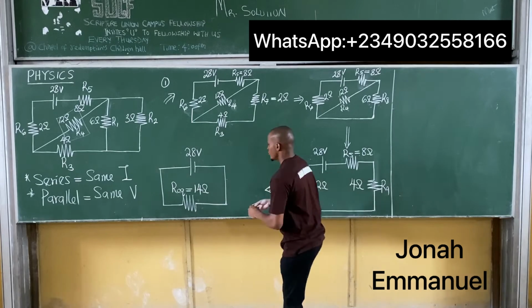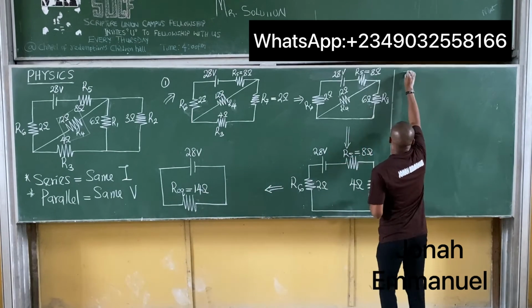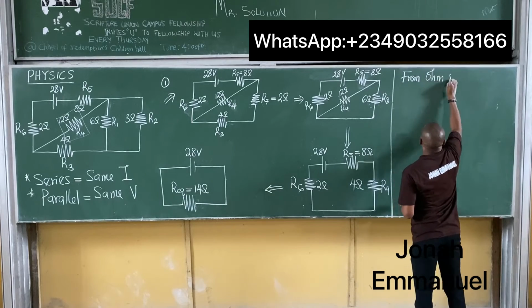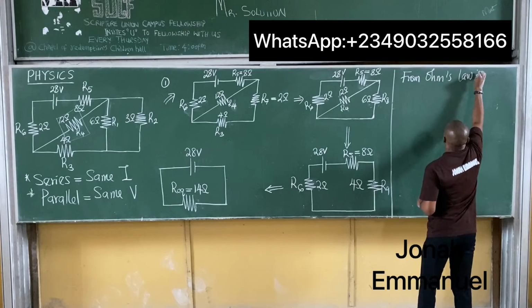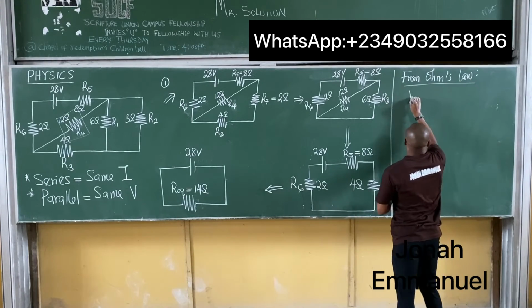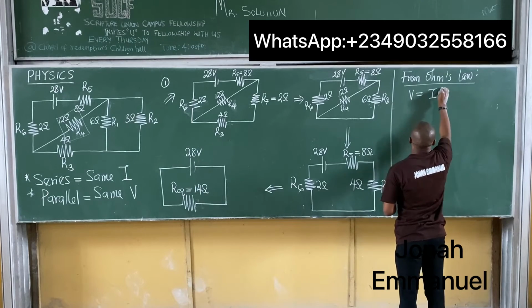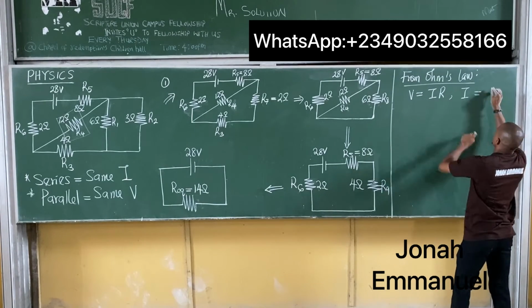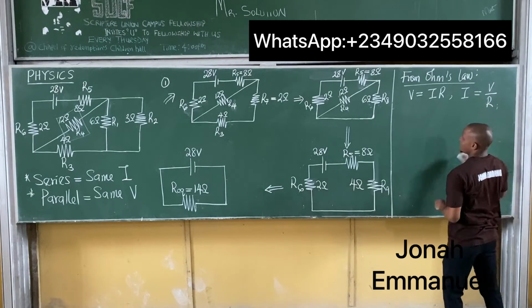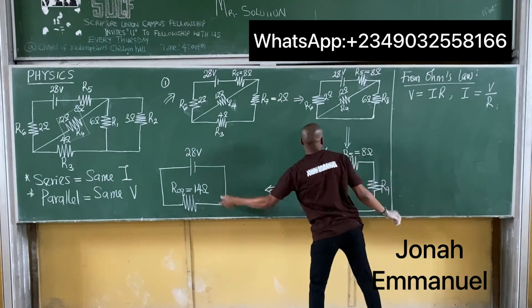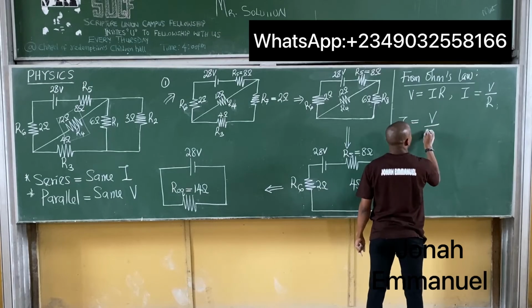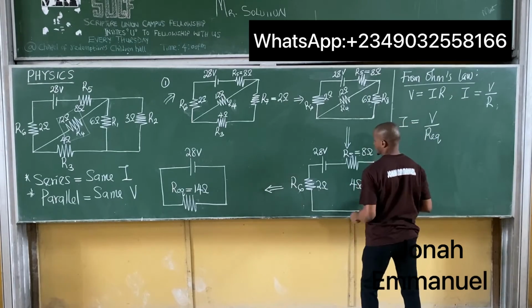What's the current here? From Ohm's law, we said V is equal to IR, such that I is equal to V over R. That means the current in this circuit, I, is equal to V all over my equivalent resistance.